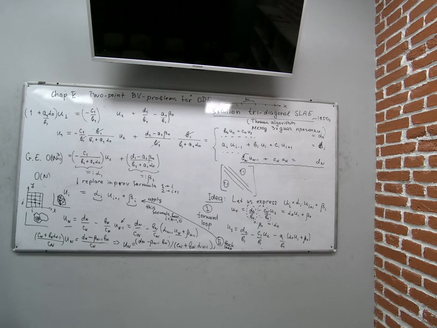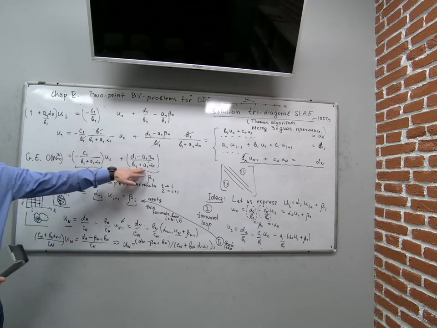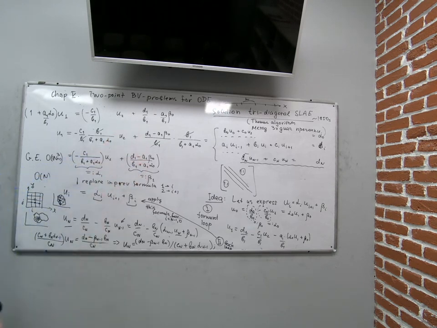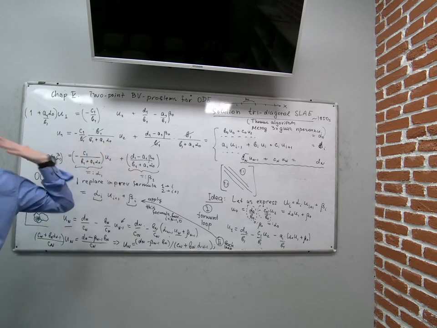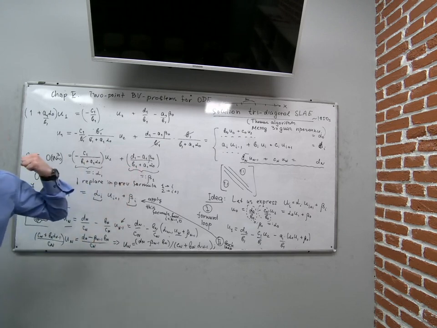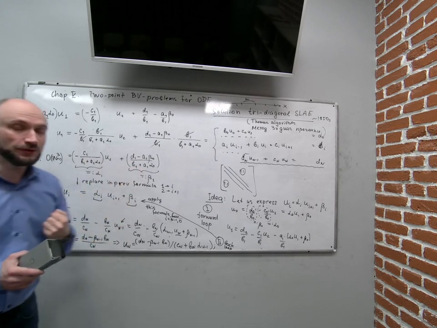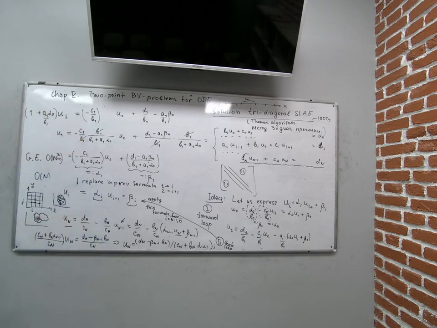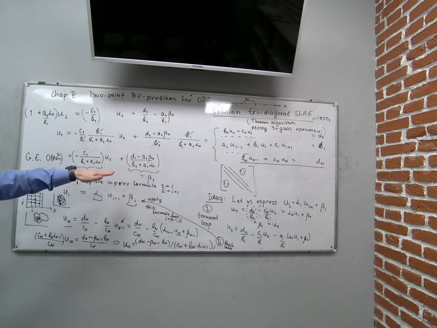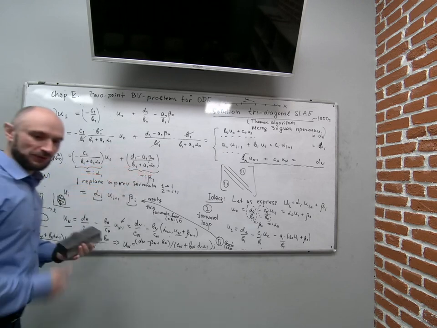If this unlucky case happens, you will not be able to proceed with this tri-diagonal algorithm. You will not be able to get the final solution. At this point, the algorithm crashes if this denominator is 0. And there is a theorem that provides conditions ensuring that none of these denominators is 0. Let me formulate this theorem.